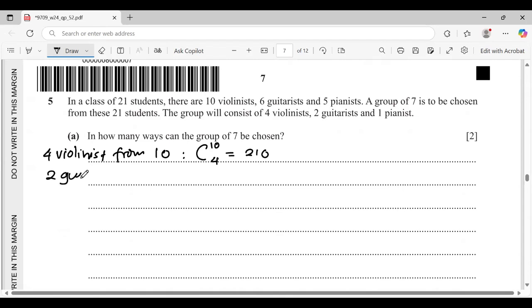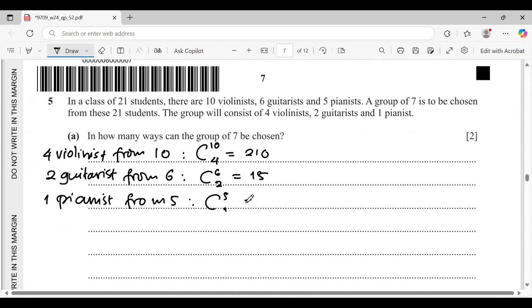2 guitarists from 6. So the combination 6, 2, it is 15. And then 1 pianist from 5. So the combination 5, 1, it is 5.